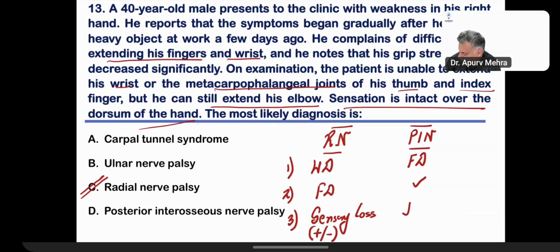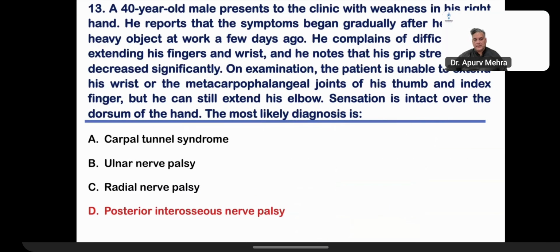No sensory loss. Since here the wrist drop is there, the answer is radial nerve palsy. Okay, so I'm correcting it here. Answer is radial nerve palsy.